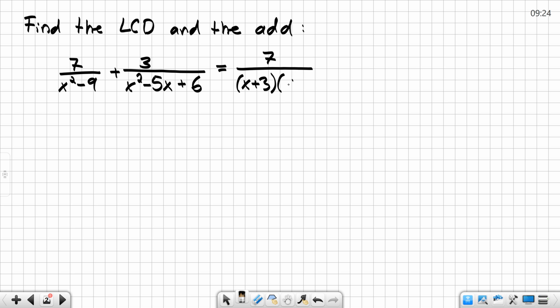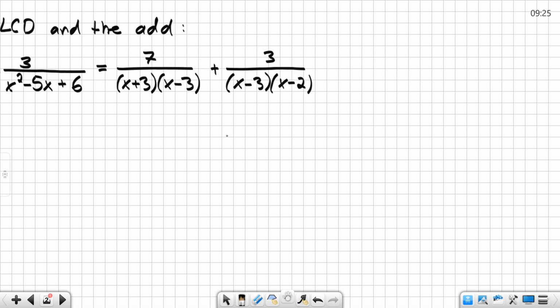As I mentioned before, factoring is the most important tool that you need to know how to do. Alright, now I'm factoring the second one. That will be, let's have a look, x minus 3 times x minus 2. Alright, so here are my fractions in the factored form.